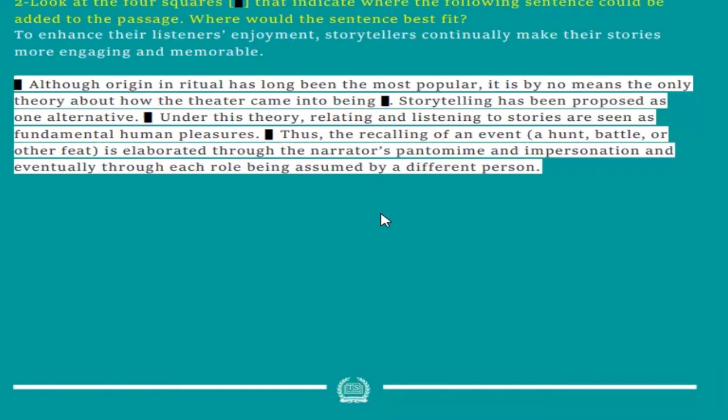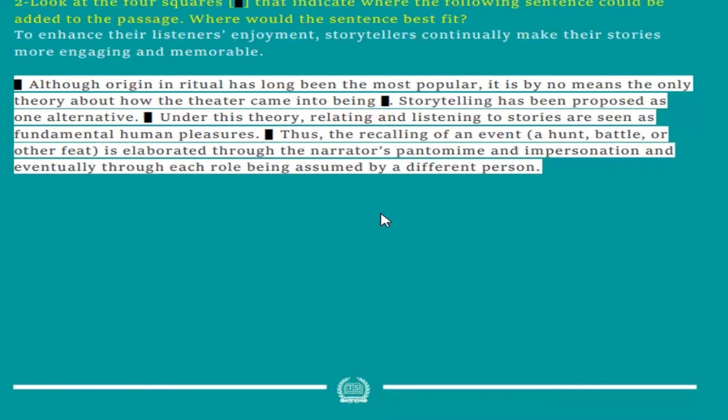So third and fourth boxes are suitable. Thus, the recalling of an event, hunt, battle, or other feat is elaborated through the narrator. It makes more sense with the fourth box, because the fourth box is talking about recalling and remembering. That makes more sense than the third one.